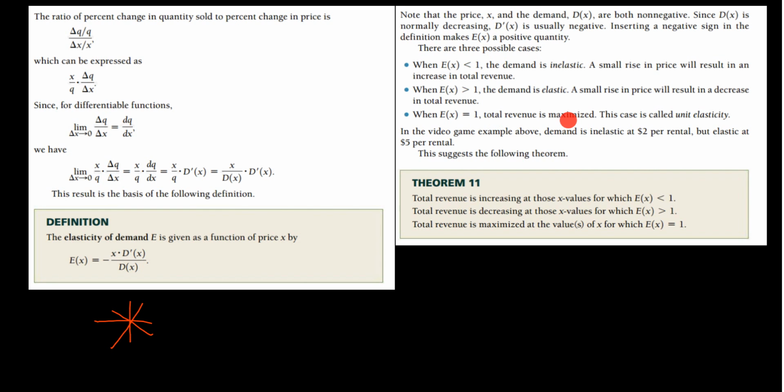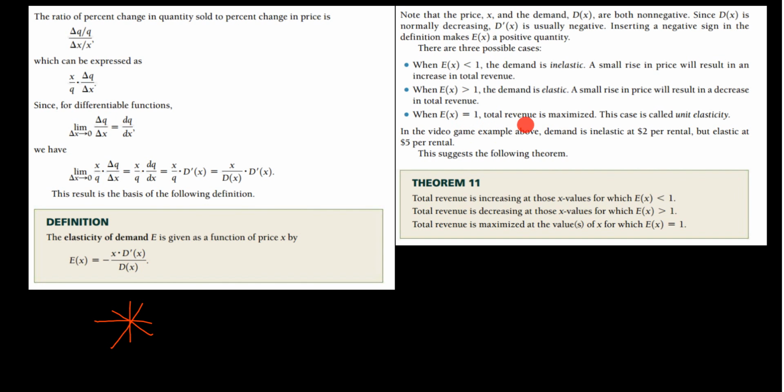Because we've dealt with maximums and minimums, but that's when the derivative is equal to 0. In this particular case, we're not dealing with just the derivative, we're dealing with the variable times the derivative divided by the function. So whenever we set that equal to 1, we maximize the revenue. So we have the concept in mind. We're changing it up just a little bit now with the concept of elasticity.